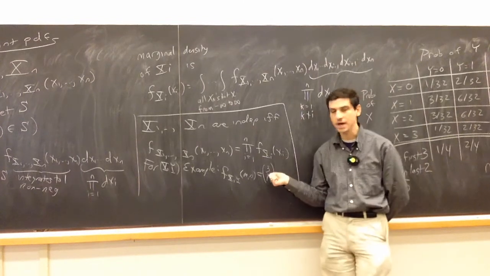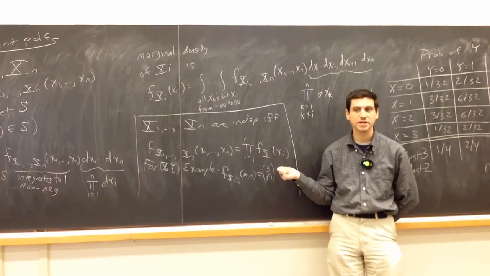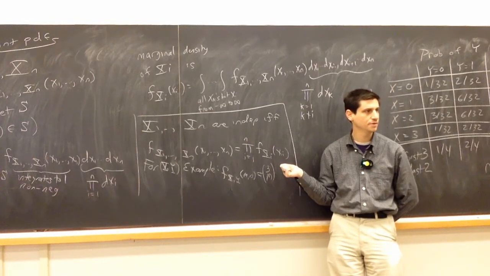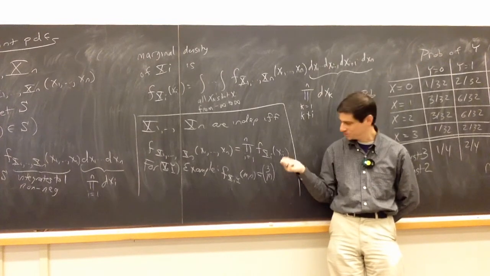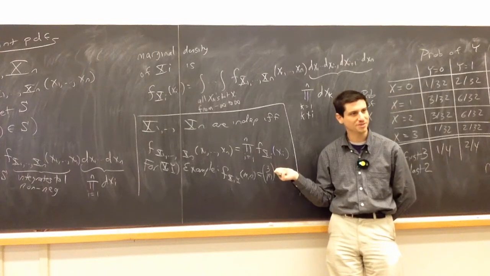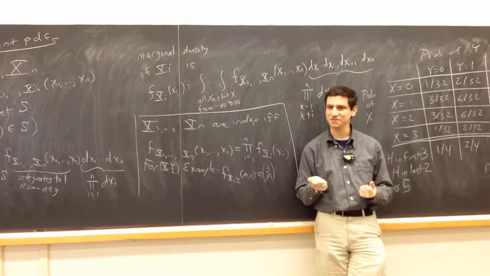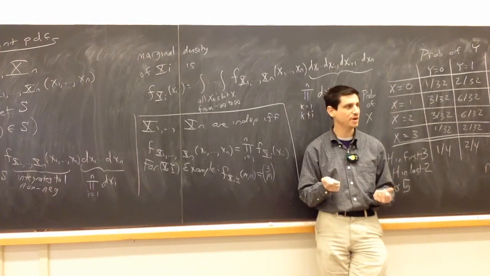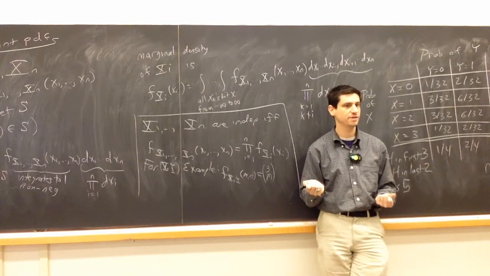I've got to have m heads and 3 minus m tails. What's the probability that happens with 3 tosses? Yeah, so it's 1/2 to the m, 1/2 to the 3 minus m. But this is where it's really nice that it's a fair coin. 1/2 to the m and 1/2 to the 3 minus m just becomes 1/2 cubed.